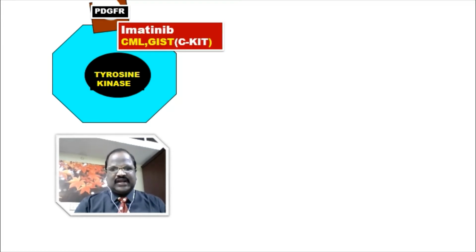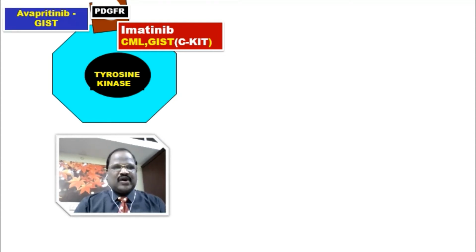Then very important next MCQ question. Tyrosine kinase inhibitors blocking PDGFR, that is platelet derived growth factor receptor. Here there are two important drugs. One is called imatinib. One more drug, the latest one, is avapritinib.